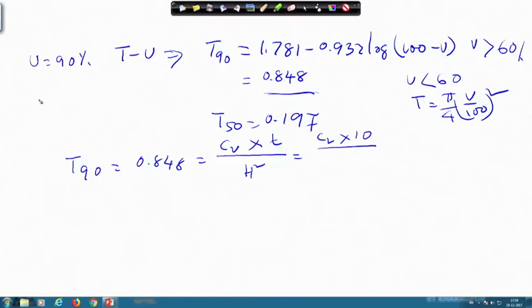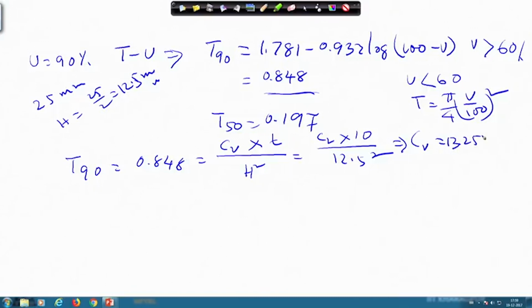Since the laboratory sample is 20 millimeter and drained both sides, H becomes 20 by 2, equal to 10 millimeter. So, it is 10 millimeter square. This gives you C V equal to 13.25 millimeter square per minute.